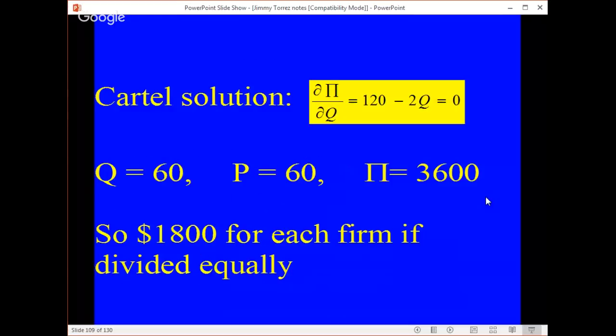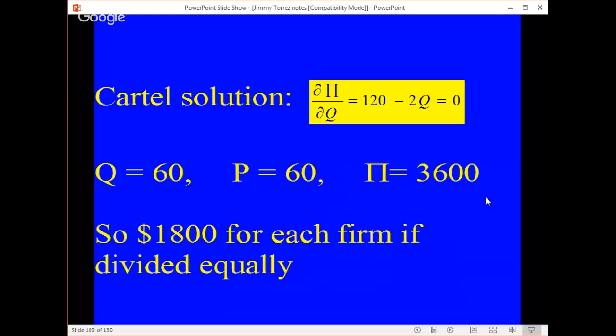So our cartel solution under this, it's not quite price leadership, because I want something to compare it to. So my cartel solution in this case is the act of a monopoly before price leadership. I take profit, I take the derivative with respect to Q, I get marginal revenue equal to marginal cost, or 120 minus 2Q is equal to 0.